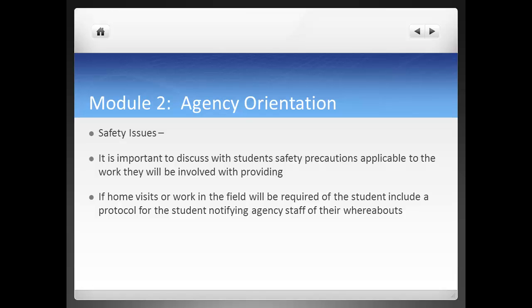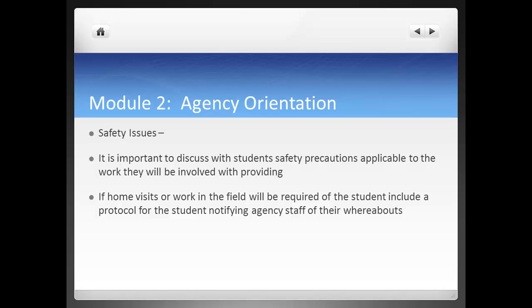If there is information about specific neighborhoods that is important for a student to know, or driving directions, how do they gas up an agency vehicle, those kinds of pieces are all really critical information for a student to have before they're required to go out in the field.